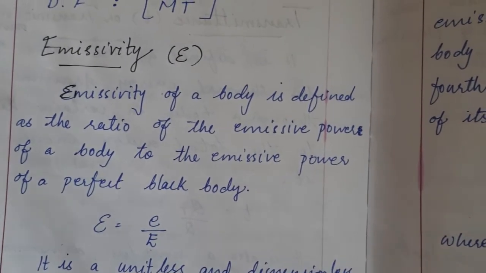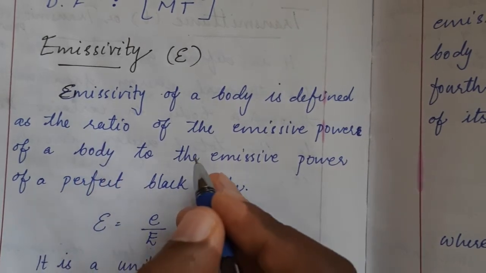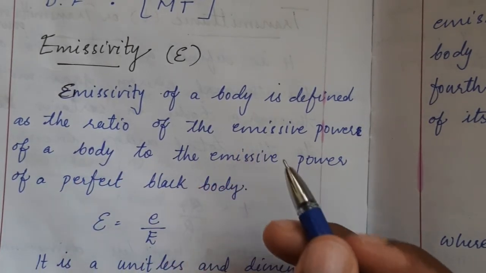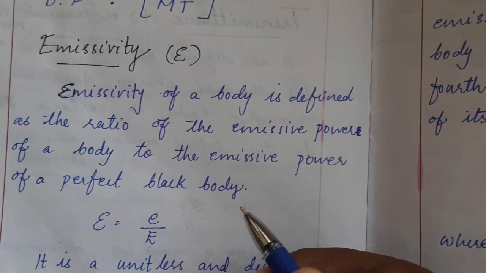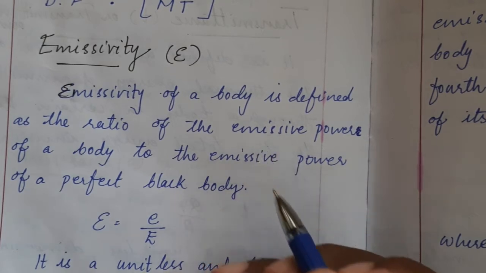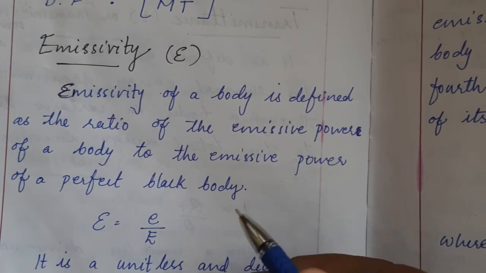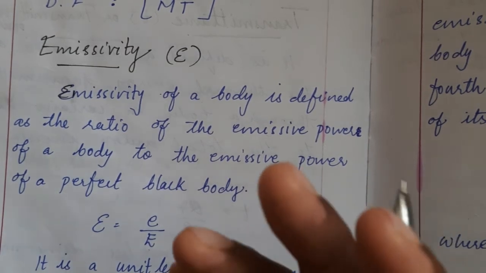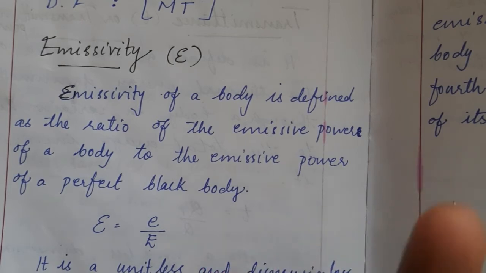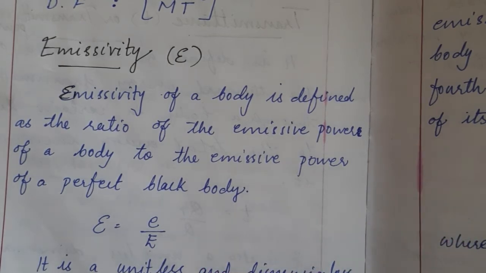Similarly, we have one more term, that is emissivity, which is related to this emissive power. When you compare the emissive power of any body with the emissive power of a perfect black body, which I represent as capital E, it is known as emissivity. A perfect black body means a body which can emit out maximum heat energy.